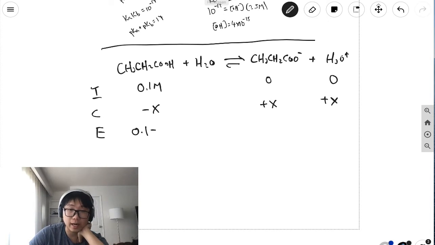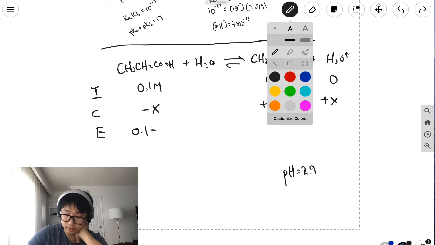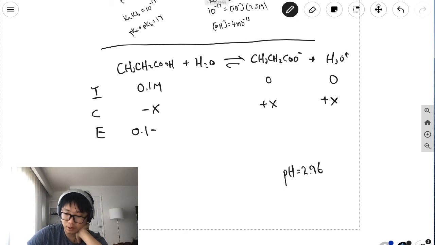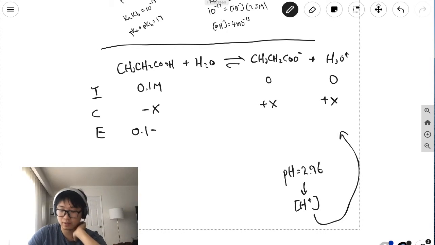Well, how can I find x? Well, they gave me pH. They told me that pH is equal to 2.96. From pH, we can probably get a concentration of the acid, and that will basically be my concentration. So you're going to turn that into an H plus, and that H plus is basically my final concentration.